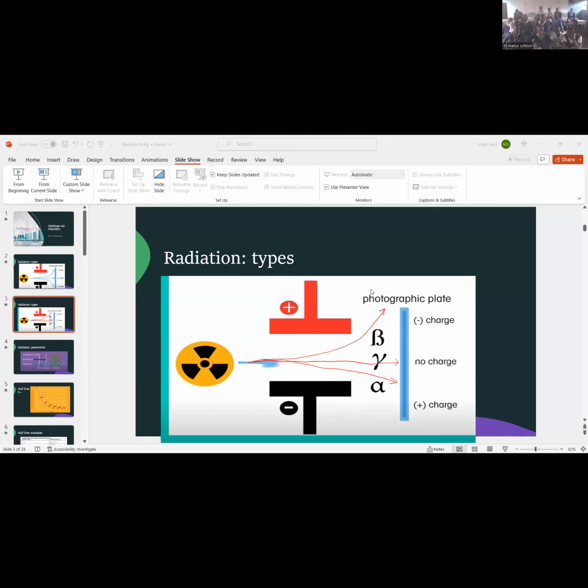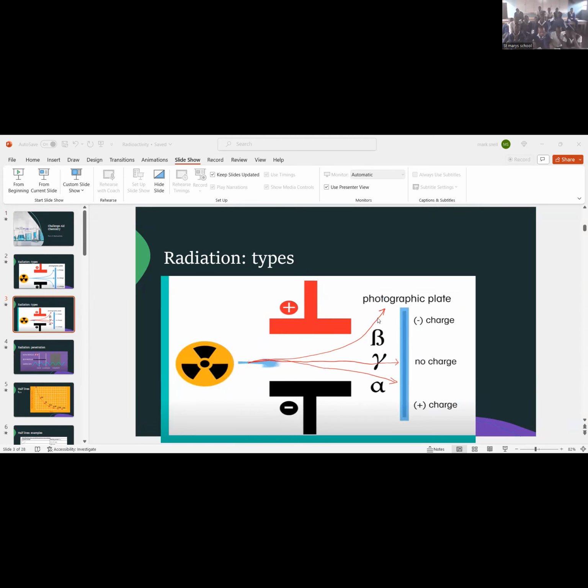So the things you have to remember. Firstly, alpha particles are positively charged, so they're attracted towards negative. Beta particles are negative, so attracted towards positive. I should have said, beta particles are curved more because they are much lighter.